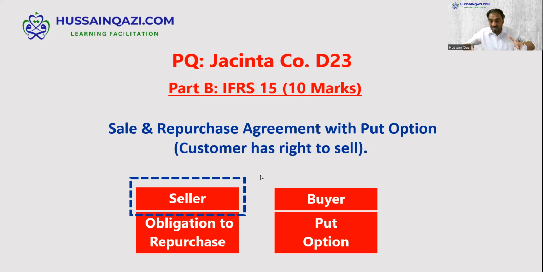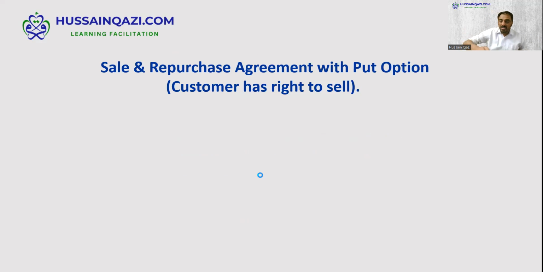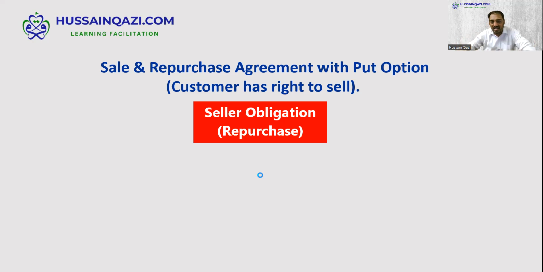At the time of transaction, the seller needs to consider or assess the situation: either this obligation will materialize or not. Now the seller needs to assess whether the obligation to repurchase exists or not.